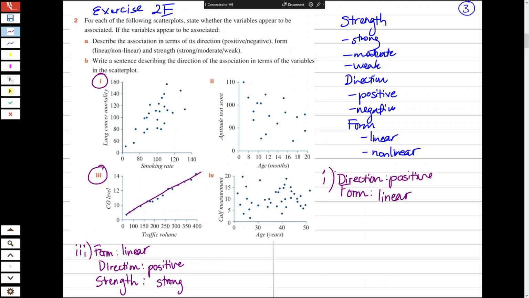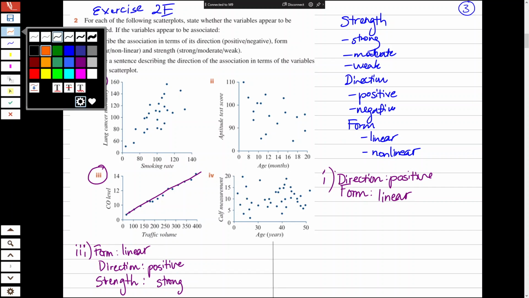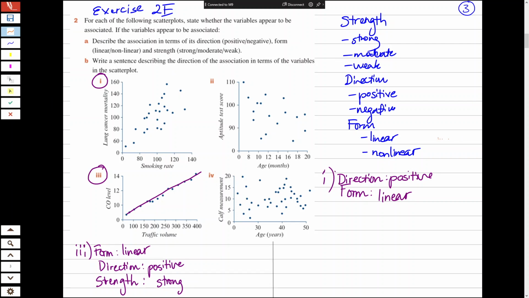So I should also say it's all a little bit airy-fairy right now. Later, we will use something called the residual plot. And for strength, we will use R later. So this stuff in orange is stuff that's going to come later in the course that will make this much less subjective.